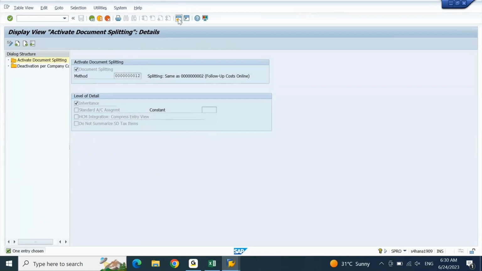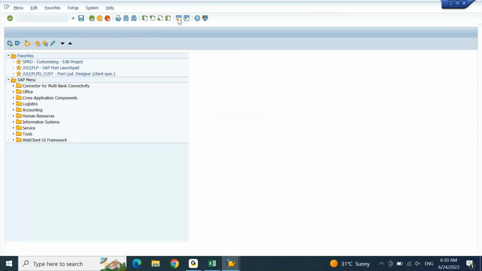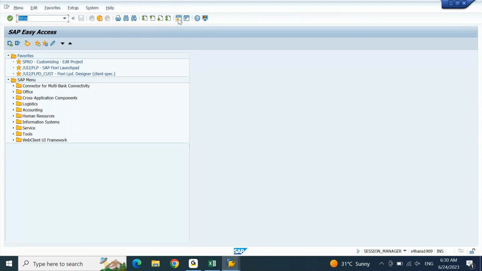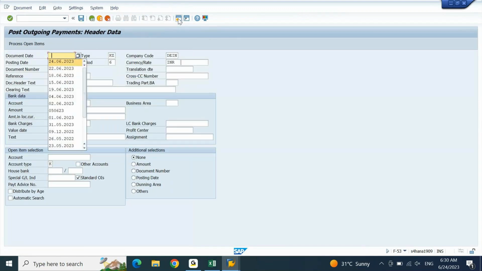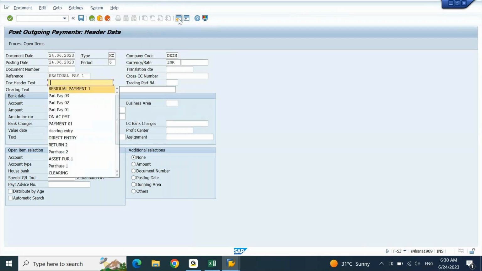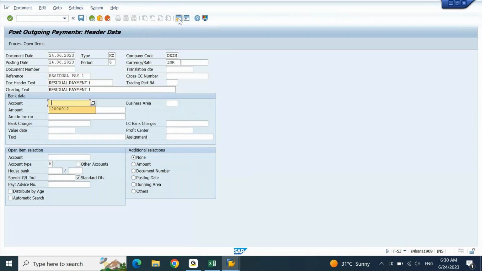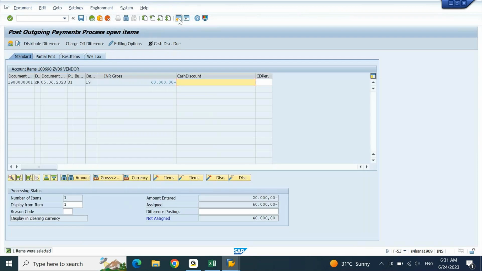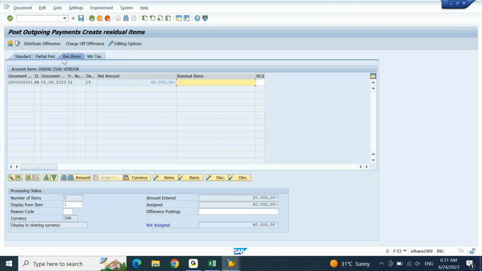Let us pass the entry once again. F-53, same information, residual payment, bank account 20,000, residual payment, vendor account. Let's go to residual item. I have put 20,000.